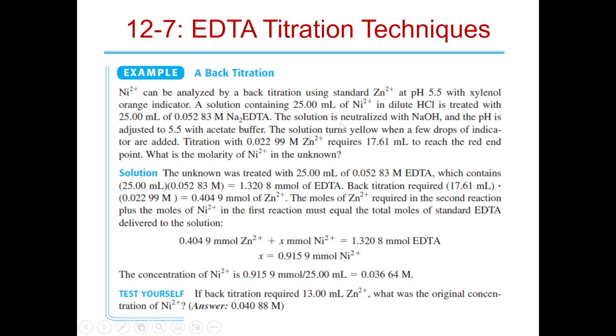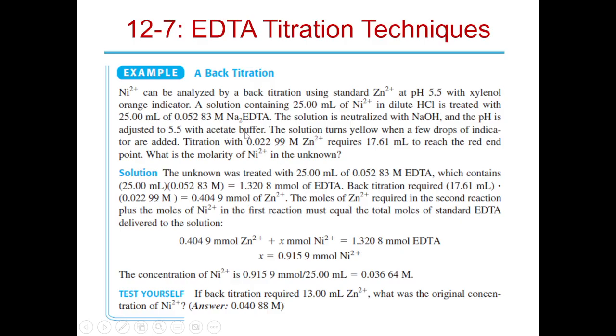The solution is neutralized with NaOH, and the pH is adjusted to 5.5 with acetate buffer. The solution will turn yellow, then you have a few drops of indicator added. Titration with this concentration of zinc 2 plus would require 17.61 milliliters to reach your red endpoint. So what is the molarity of nickel 2 plus in the unknown?